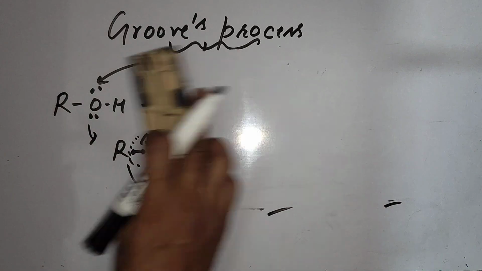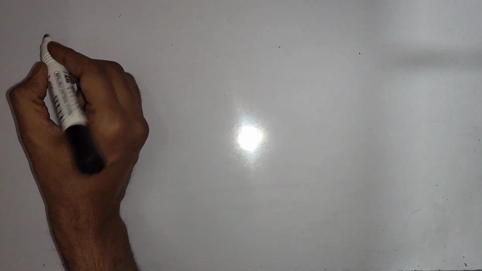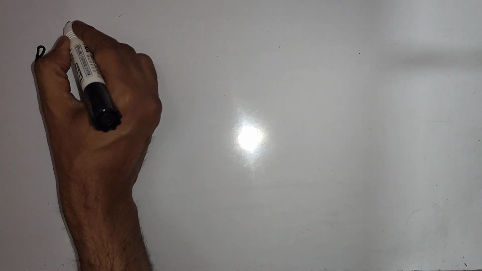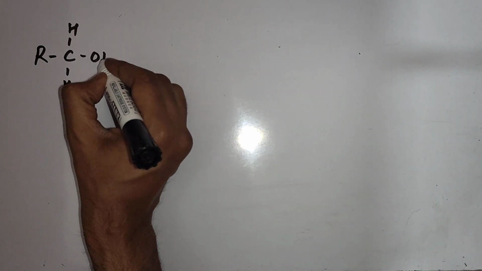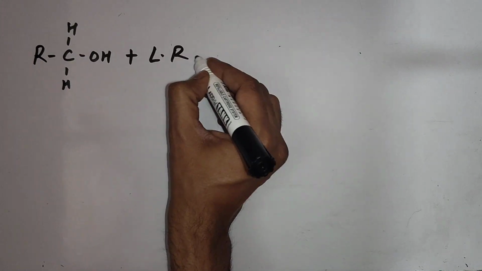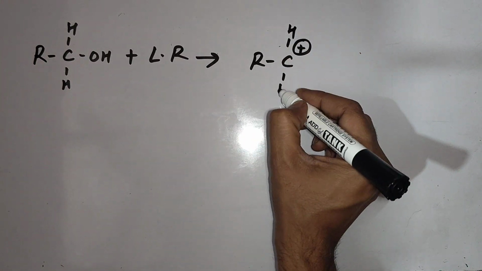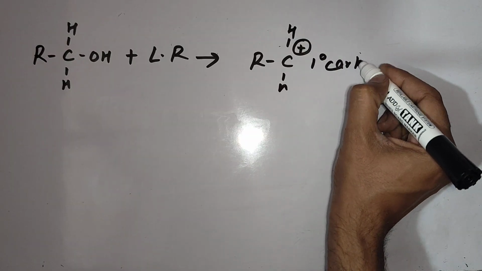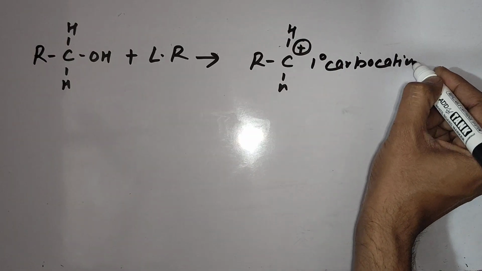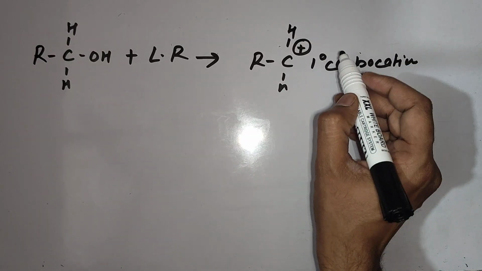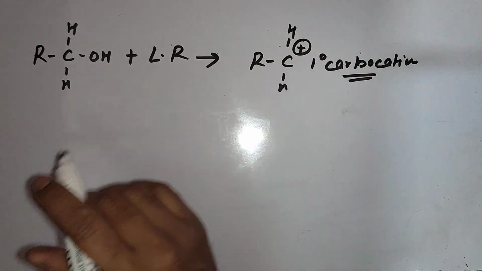Means if I am reacting 1 degree alcohol with Lucas reagent, 1 degree carbocation will generate, which will be attacked by Cl negative and finally alkyl chloride will generate.